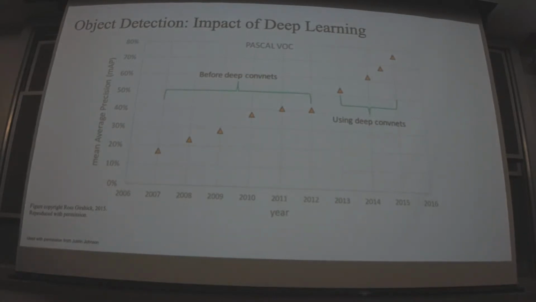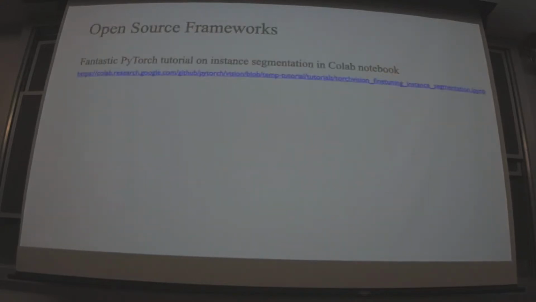This is mean average precision, a type of classification measurement, where higher is better. You can see that these are quickly getting better year after year. So again, this shows the effect of deep learning on this task.